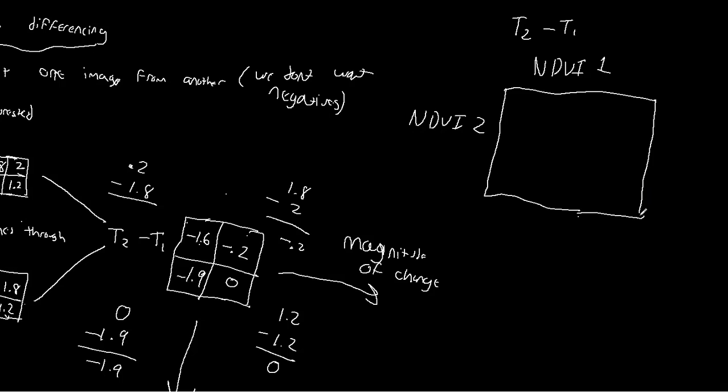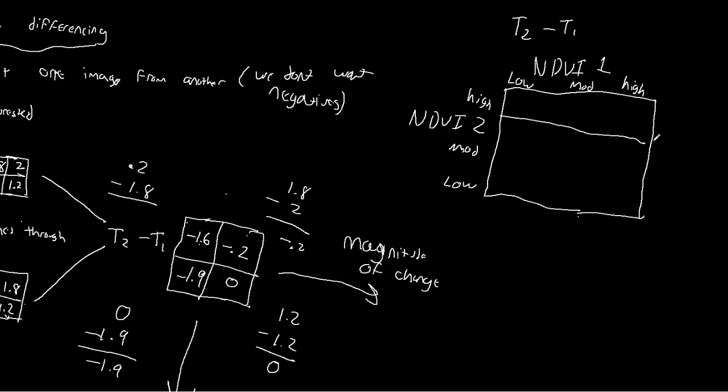For simplicity's sake, let's break it down into 3 categories. For NDVI at time 1, you can have a low value, a moderate value, or a high value. For NDVI time 2, you can have the same thing: a high value, a moderate value, and a low value.